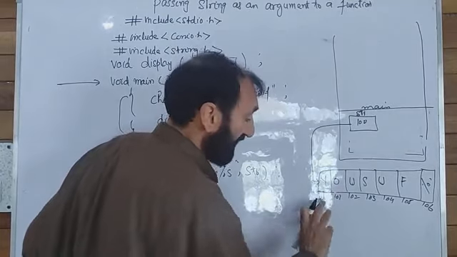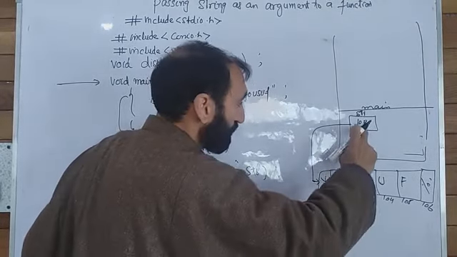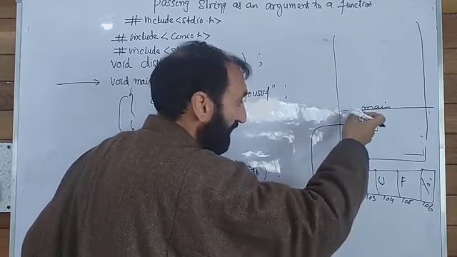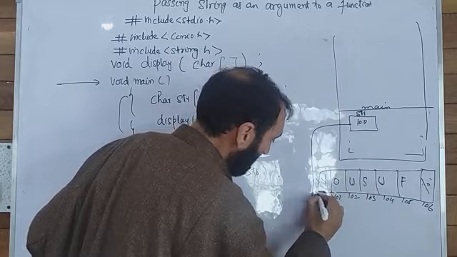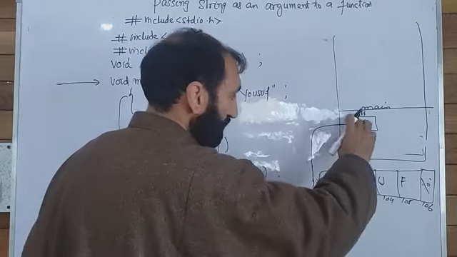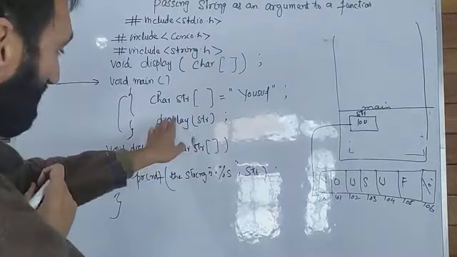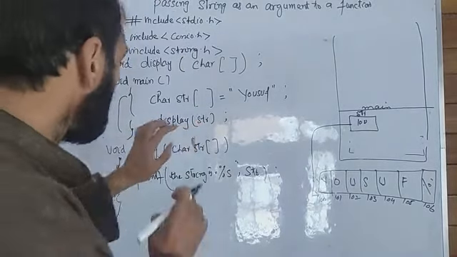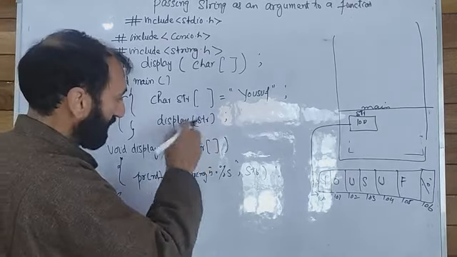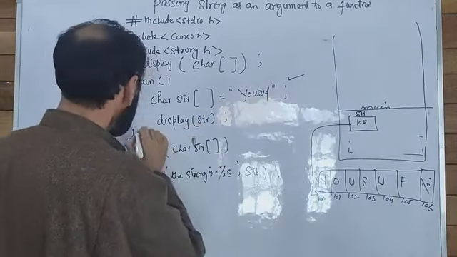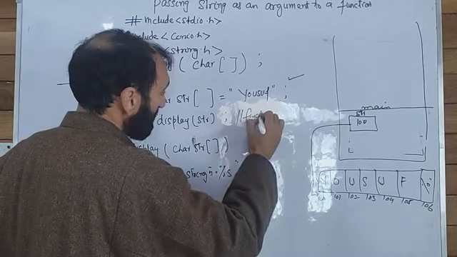In this case, the address of the first byte is 100, so 100 is stored here. That means str is pointing to the first byte. After the execution of this line, the control reaches the function call.